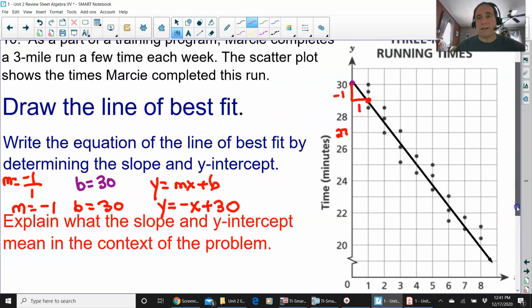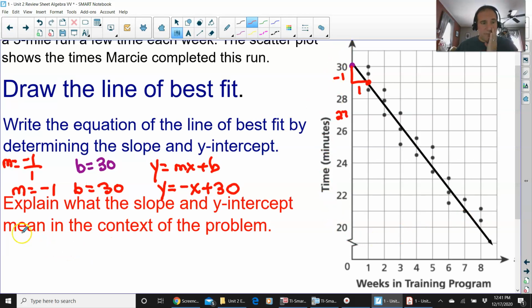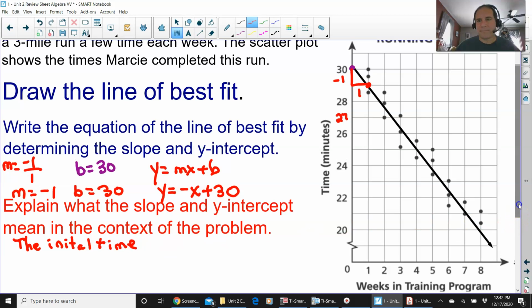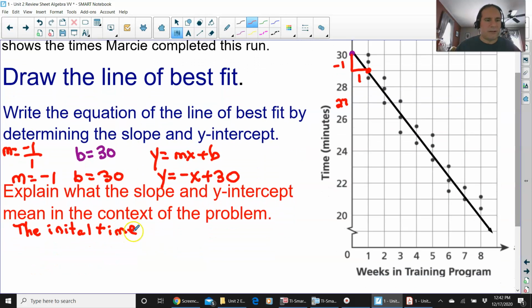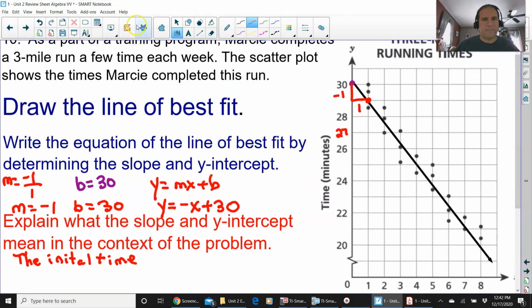So the initial value, the initial 3-mile running time, was 30 minutes.